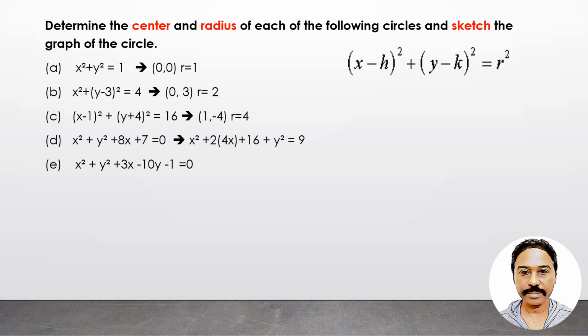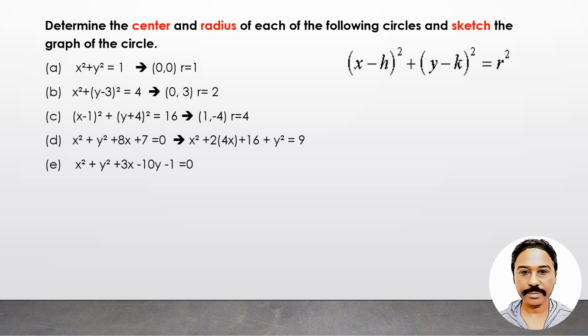That's why we've added 16, and we have to subtract 16 at the same time from here. But we have 7, so 7 minus 16 is minus 9, and we move it to the other side, it becomes 9. So the whole formula became x squared plus 2 times 4x plus 16 plus y squared equals 9.